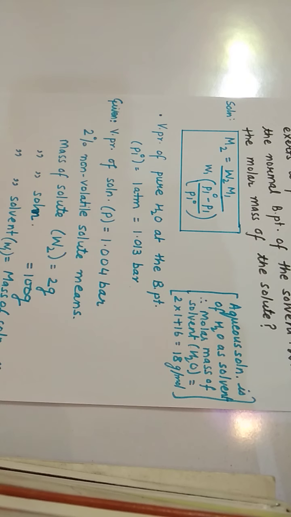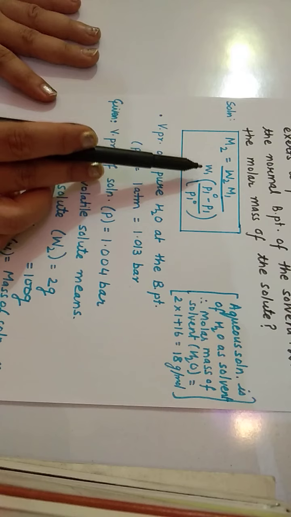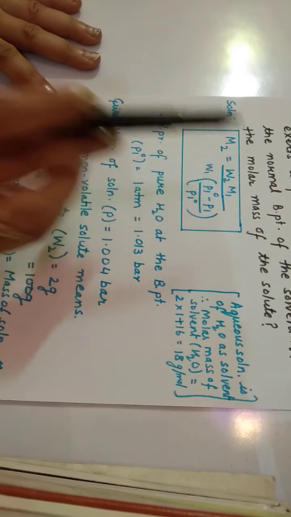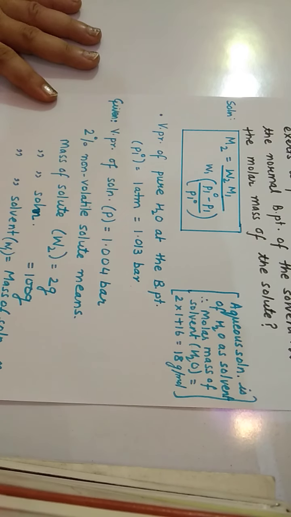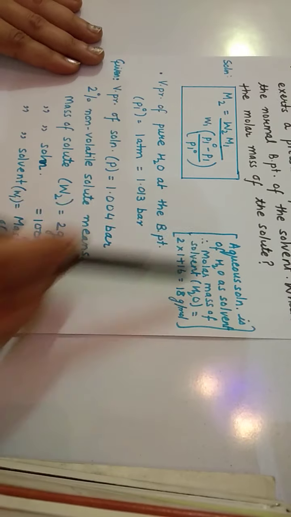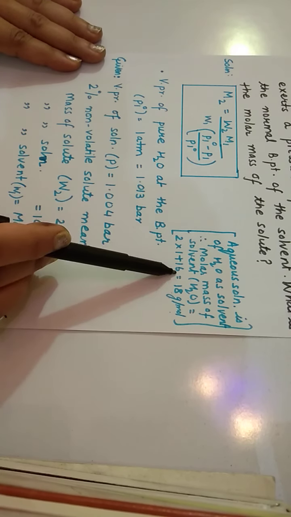Value of W1. W1 is what? It is the mass of the solvent. W2 is the mass of the solute. M1 is the molar mass of the solvent. Molar mass of the solvent, children, we calculated 18 gram per mole of water.